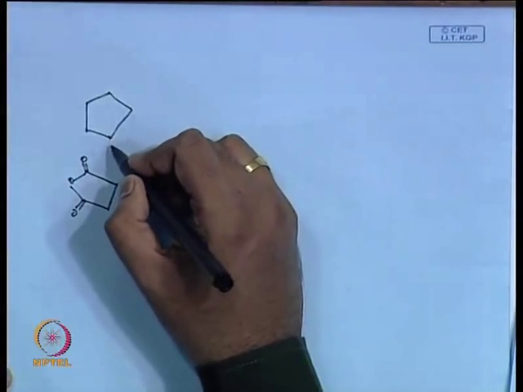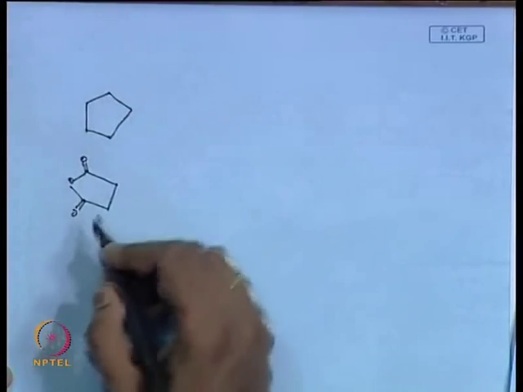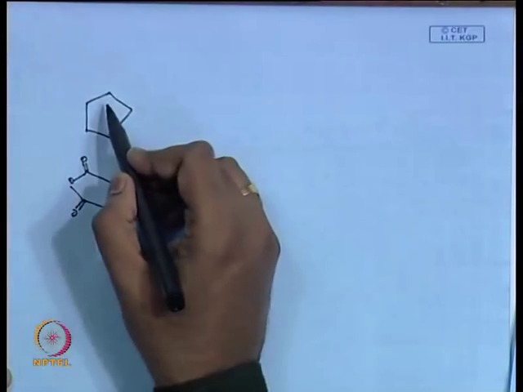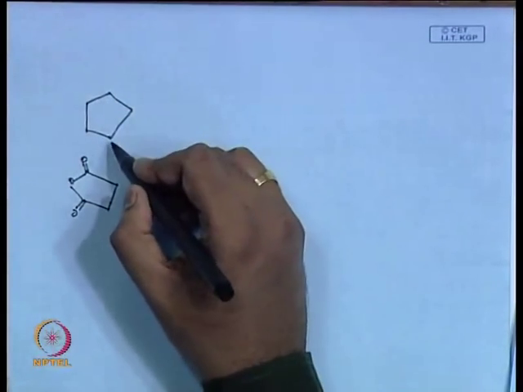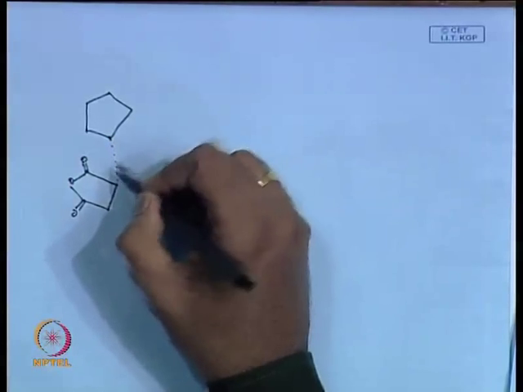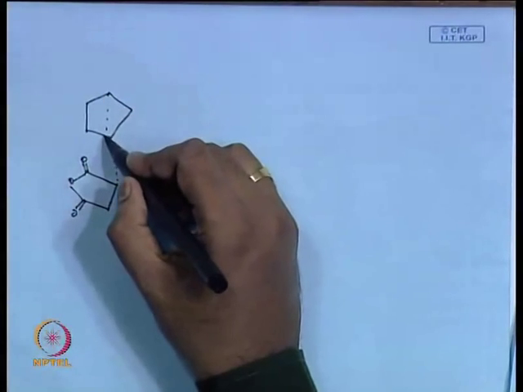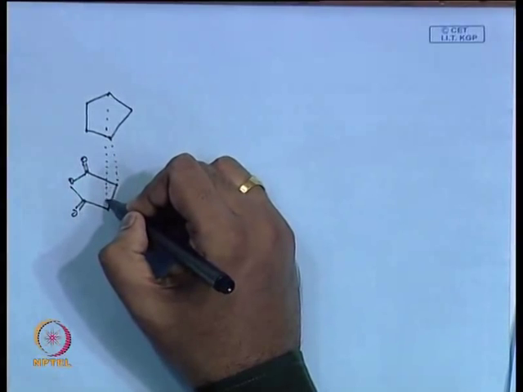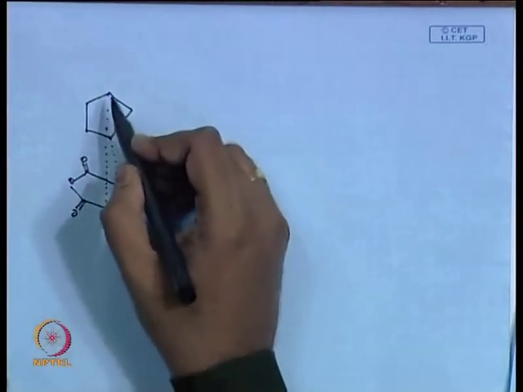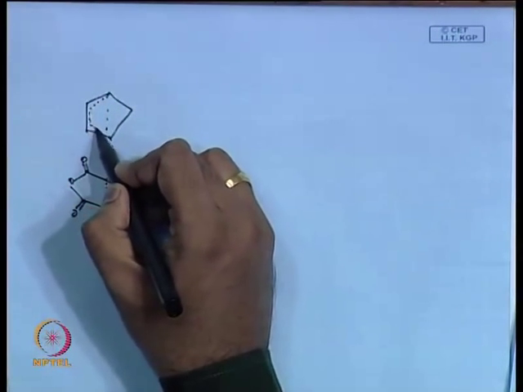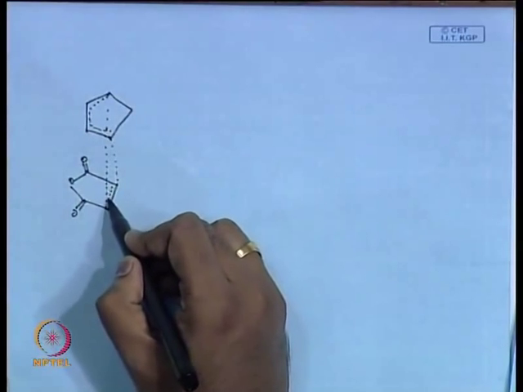So, I can have a link here, because you see your double bond is here, and if you think about the cyclic transition state, what happens, you will have a bonding here, right. So, you have a transition state across this and you have here. This is how you can look at your endo, right.